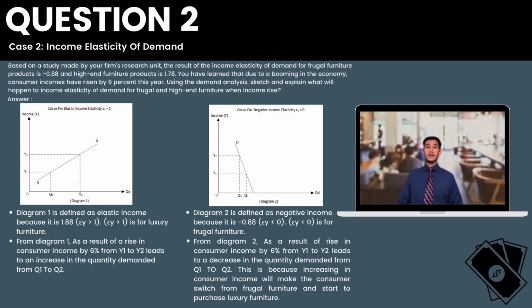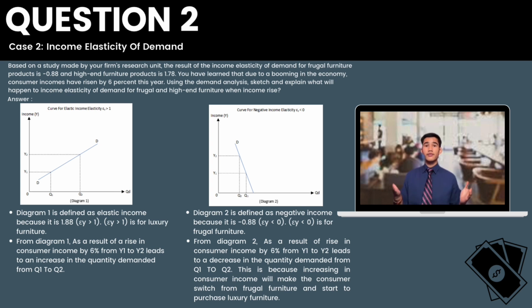Hello guys, this is the explanation for the curve above. For diagram 1, it is defined as elastic income because it is 1.78 which is greater than 1. Elasticity greater than 1 is for luxury furniture. Diagram 2 is defined as negative income because it is negative 0.88 which is less than 0. Elasticity less than 0 is for frugal furniture.